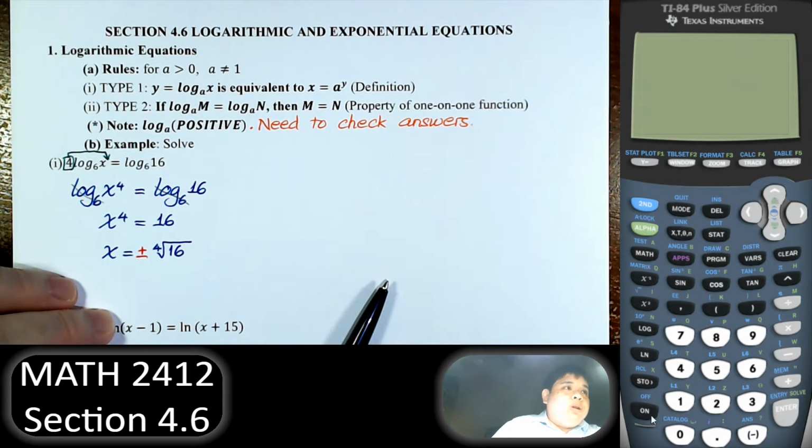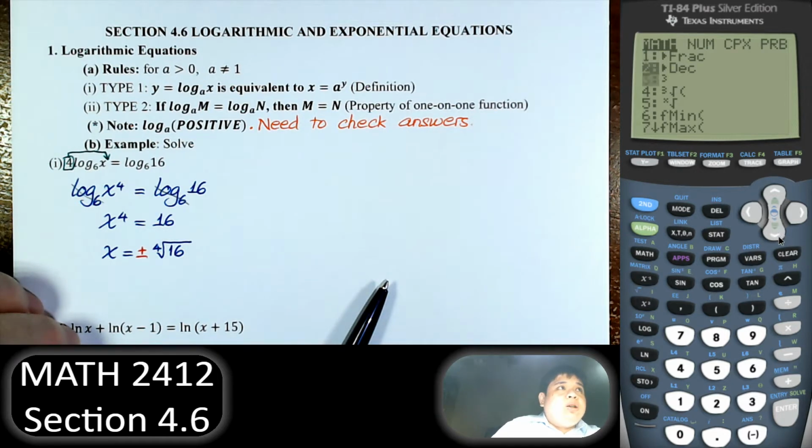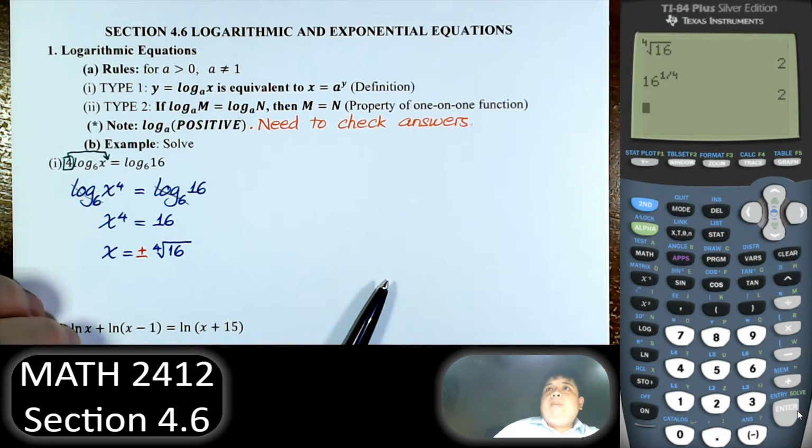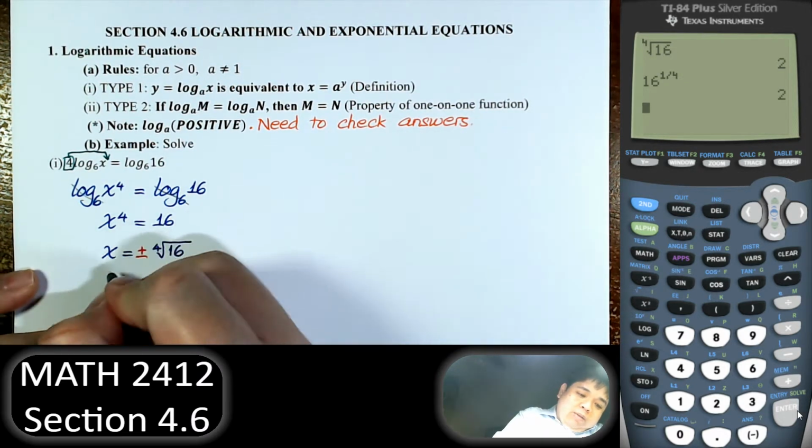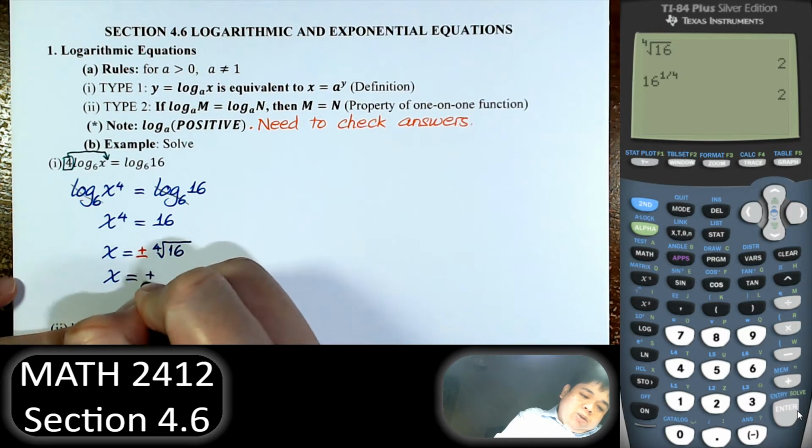On the calculator, if we hit math, go down to this option. So we can say the 4th root of 16. Of course, we can also say 16 to the 1/4, which is equivalent to the 4th root. So we have x equal to plus or minus 2.